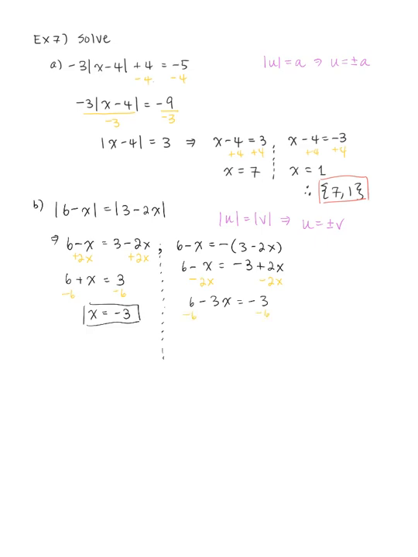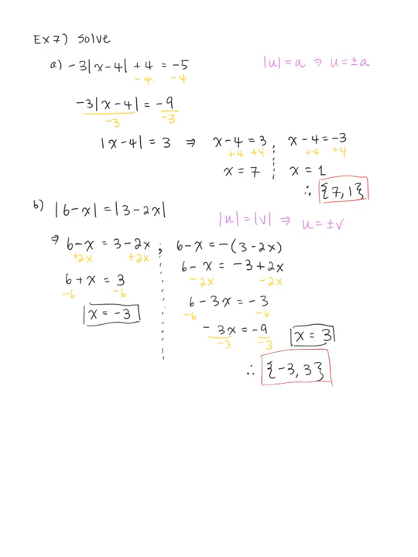Then here you're going to have negative 3x equals negative 9. Dividing by negative 3, it looks like x is going to be positive 3. So it looks like our solution set is going to be negative 3 and 3.